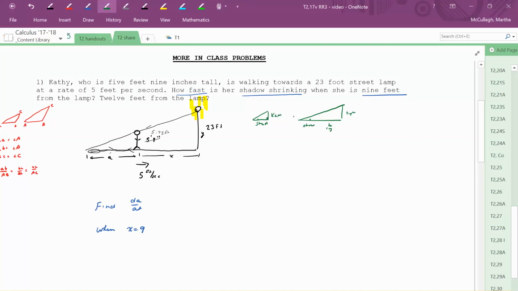We know that this angle is the same as this angle, which would mean that that angle has to be the same as that angle. So they are similar triangles. We can then say that Kathy's height, the 5.75, is to the length of the shadow, as the 23 is to the entire length.